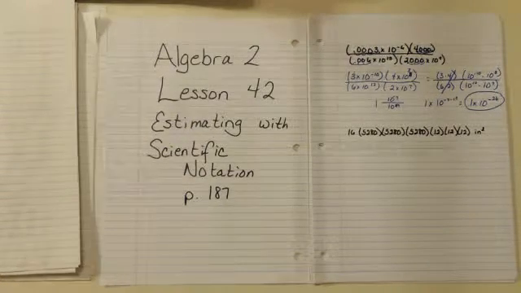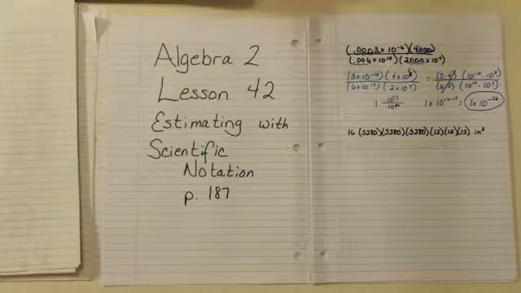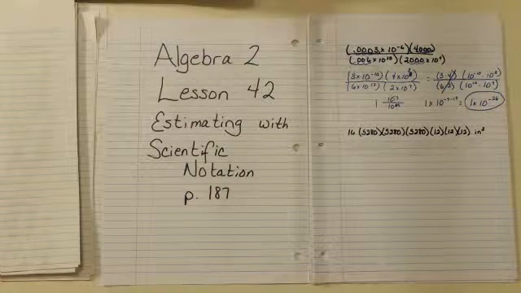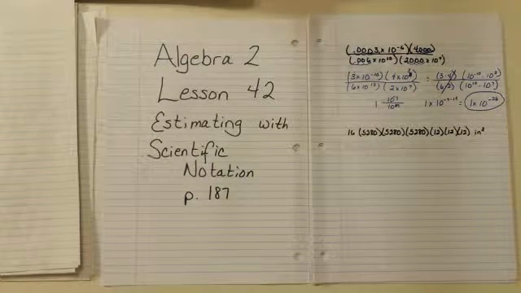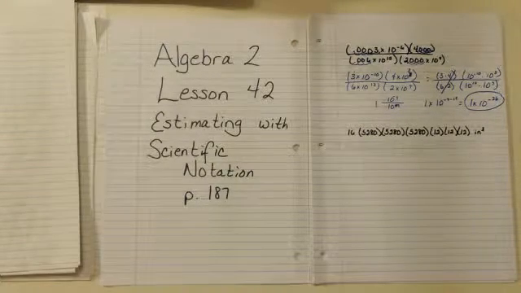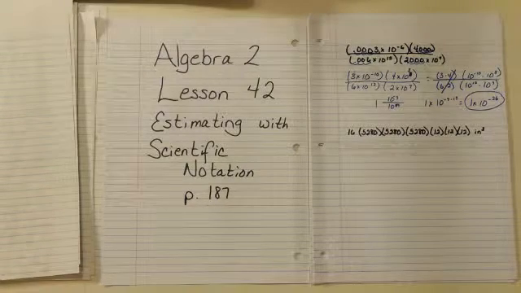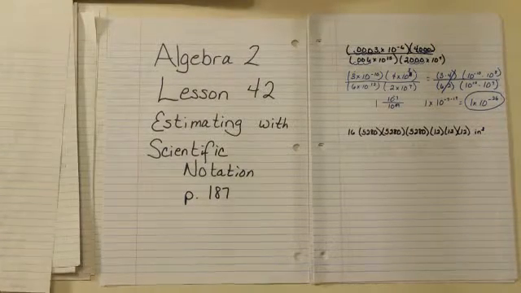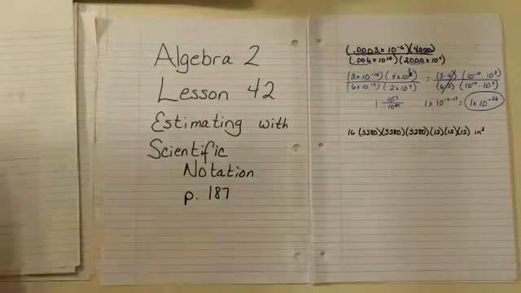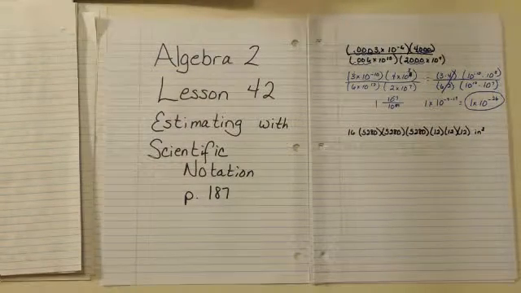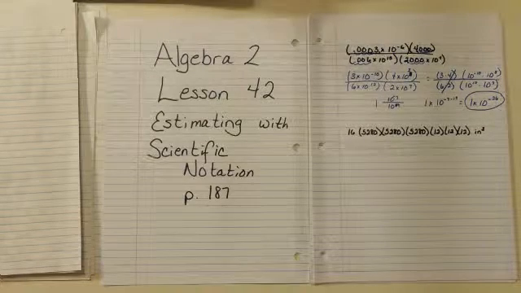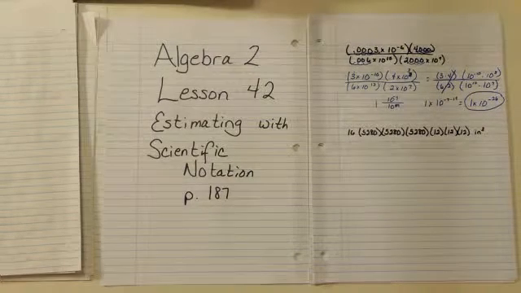If we use a calculator that does not have scientific notation built in, we'll get an error message because the answer will take more digits than the calculator can display. Because it's so easy to make mistakes when doing these problems, it is often helpful to begin by estimating an answer. That way, when we find our final answer, we have an idea whether it's a reasonable answer or not.